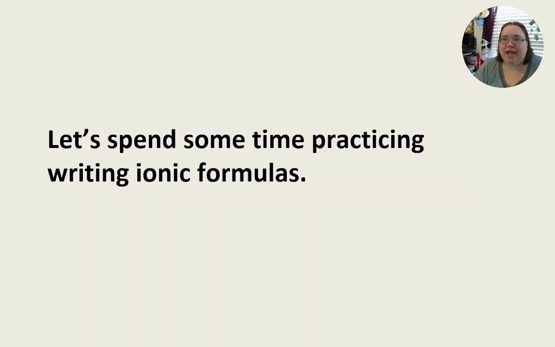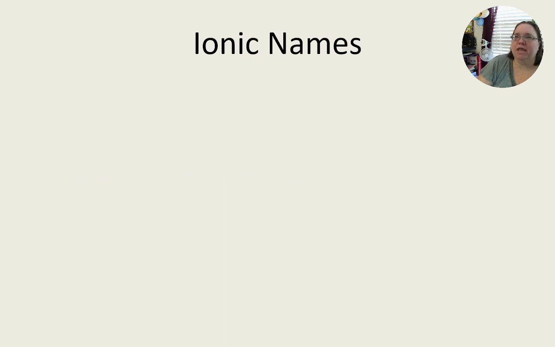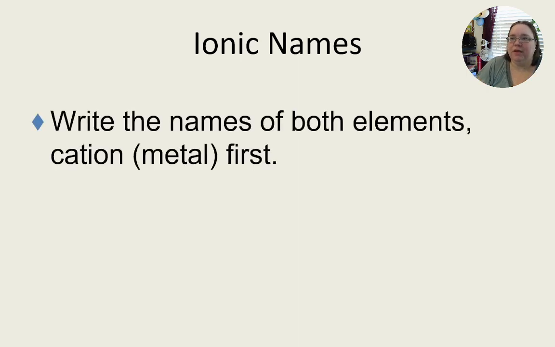So let's look at a couple of examples of writing ionic formulas. Now, for these examples, I'm going to give you the name, and you have to get the formula for the compound. Sorry, bad Miss Raines, I mean I'm asking you to get the name from the formula. So we're trying to get our name from our formula.